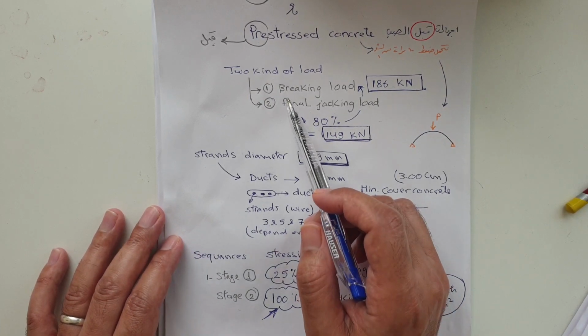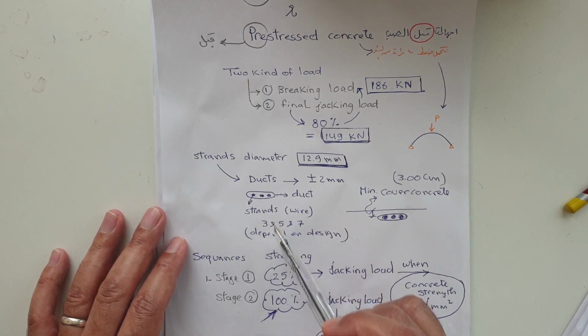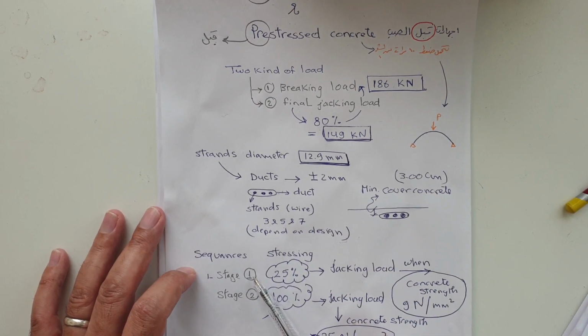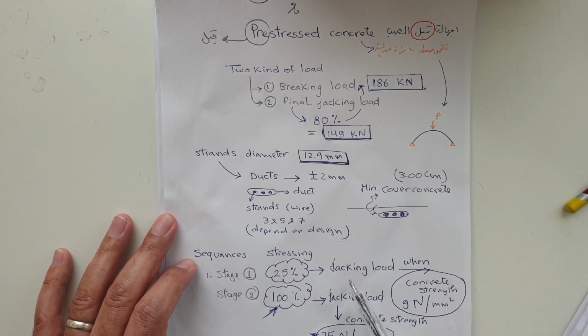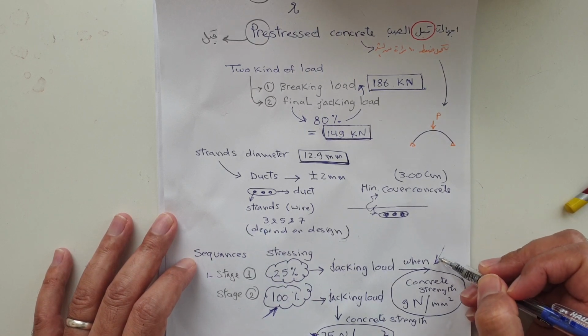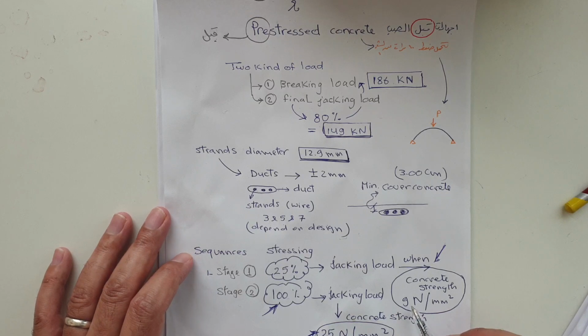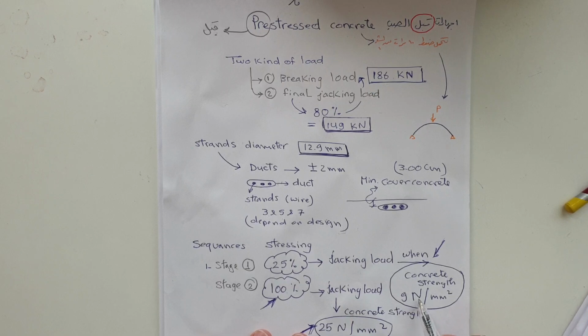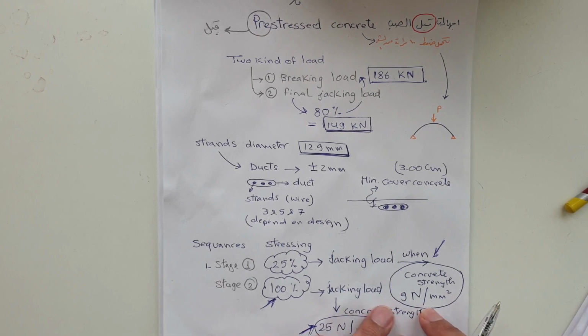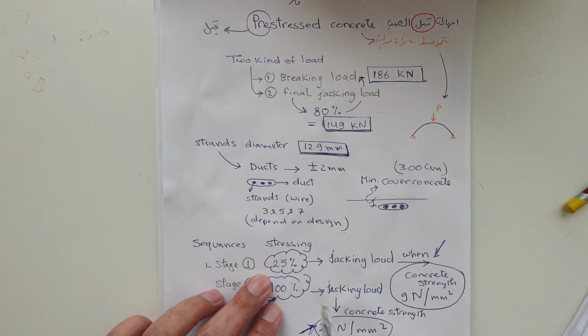But how do we stress this strand? Actually, there are two stages. In the first stage, we take 25% of the jacking load, and this is when the concrete strength reaches 9 newton per millimeter square. Yani, after we take the cube test and reach, maybe after 1 day or 3 days, a concrete strength of 9 newton per millimeter square, we can take 25% of the jacking load to stress the strand.